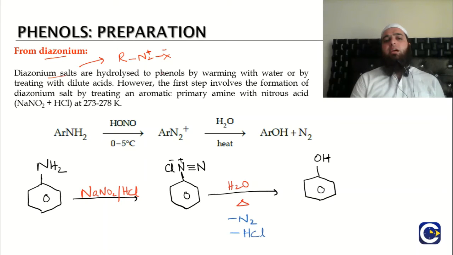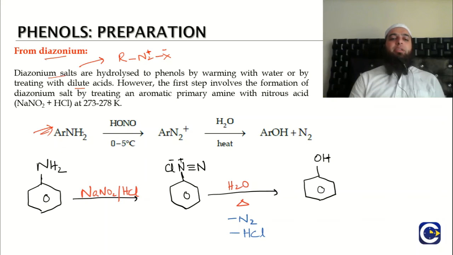When these salts are hydrolyzed, they give us phenols. They are hydrolyzed with warm water, by heating the water, or we can treat them with dilute acids and get the corresponding phenols. How do we get the diazonium salt? We are using a primary aromatic amine.